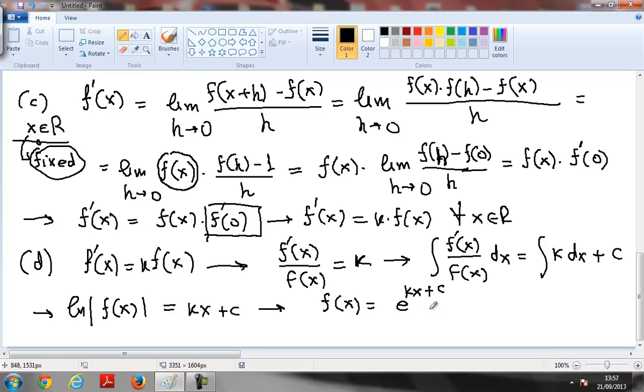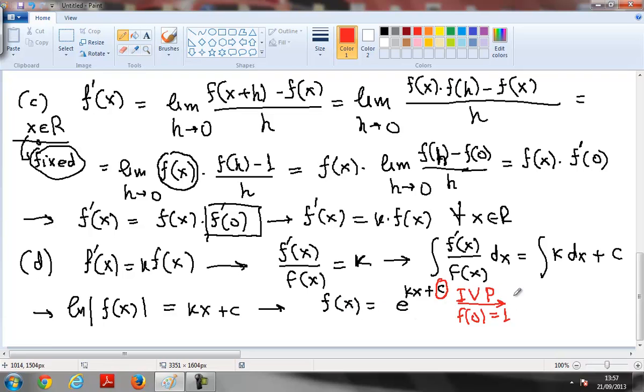So the last part is to find c. I need to evaluate the constant c. That's an IVP, the initial value problem, that I know that f of 0 equals 1.